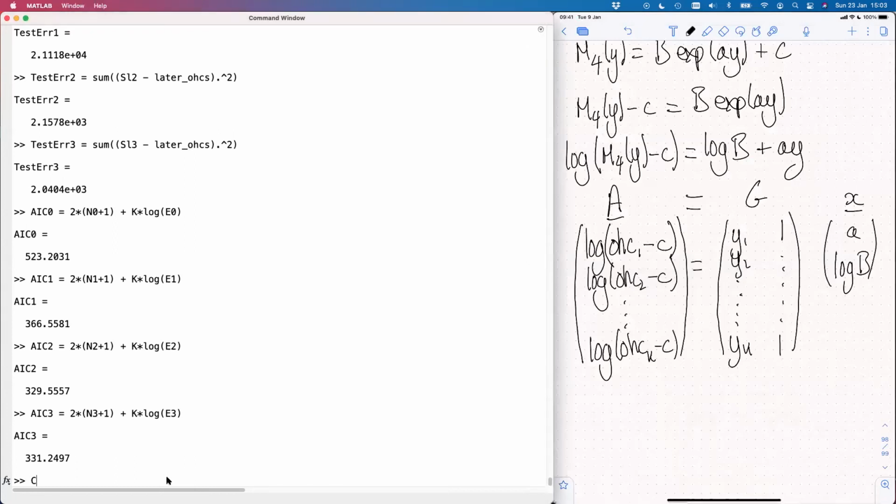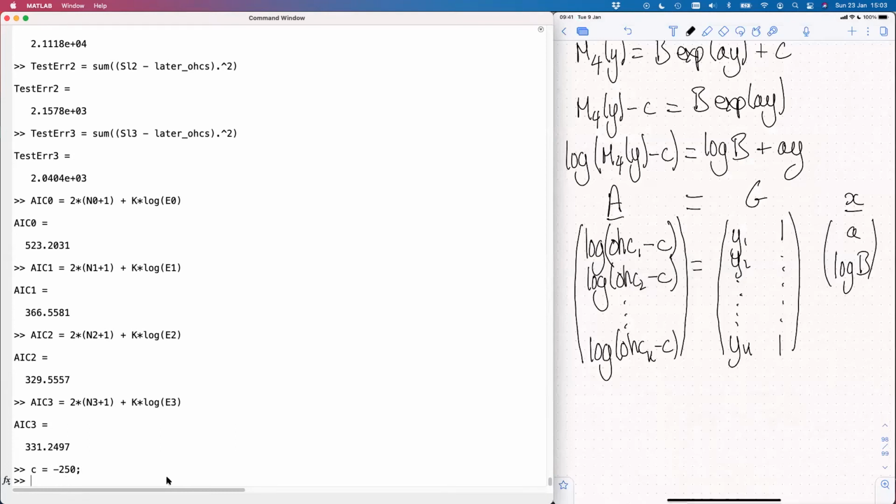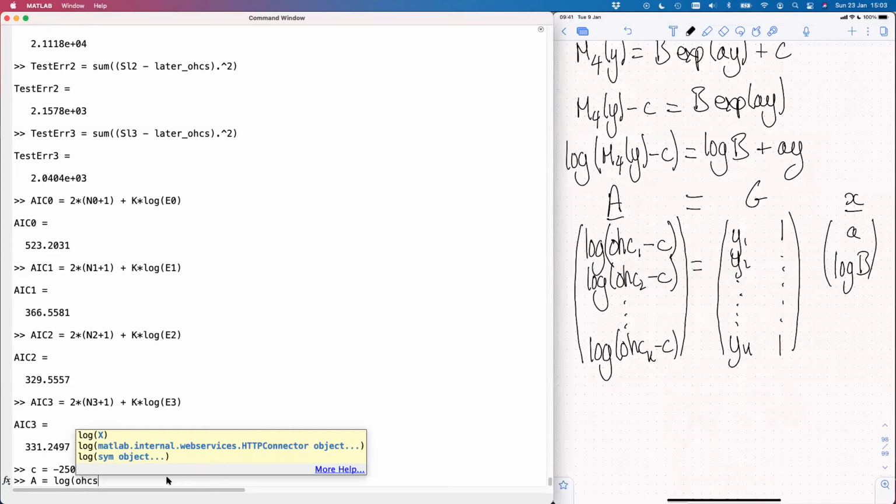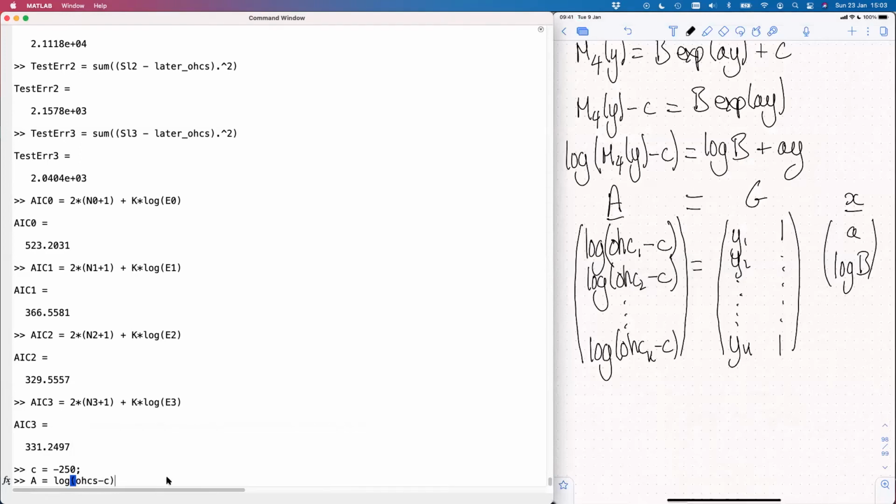Okay, so then I'll write c is minus 250. And then I can write my list of pseudo measurements a is log of OHCs minus c.